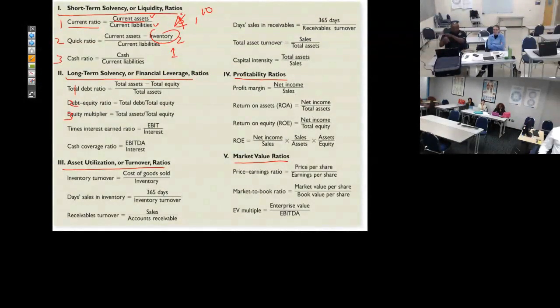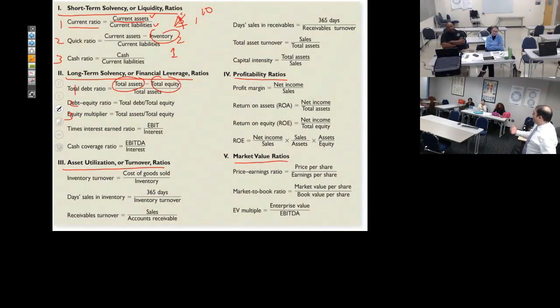One of the ratios that we calculate is what we call the total debt ratio. What we simply do is take the total assets from the balance sheet, the largest number on the balance sheet, and subtract the total equity. Whatever is left is borrowed money, right?